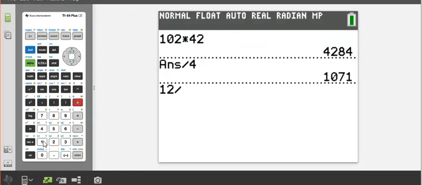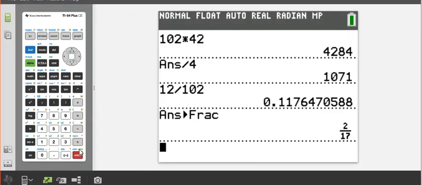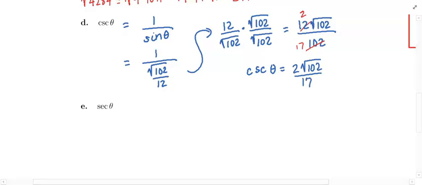If we do 12 divided by 102, we'll get this nasty decimal, convert it to a fraction. This is going to be 2 over 17. So I'm going to just write here that the cosecant of theta is going to be 2 times the square root of 102 divided by 17.